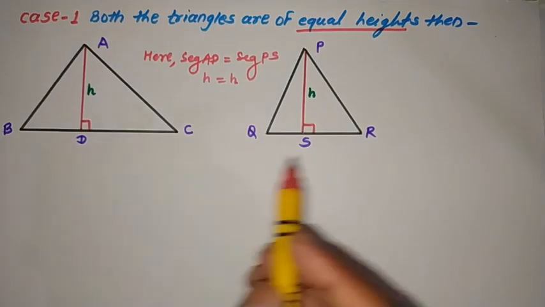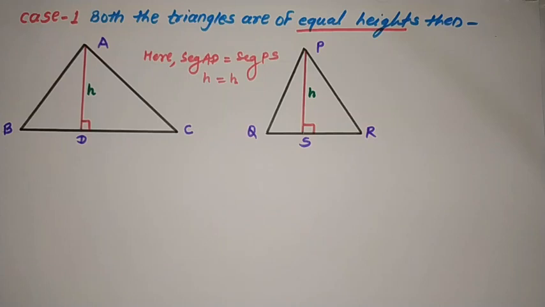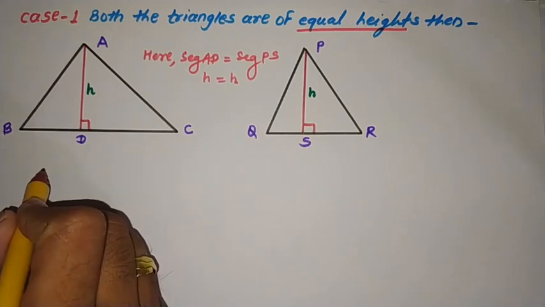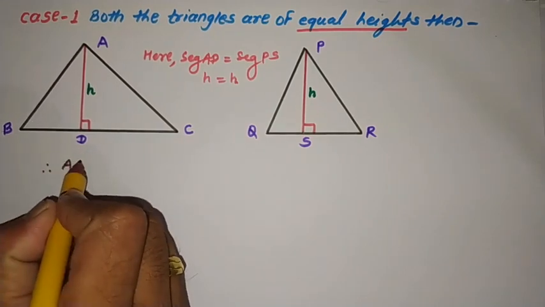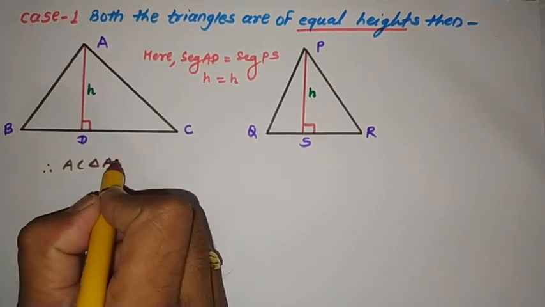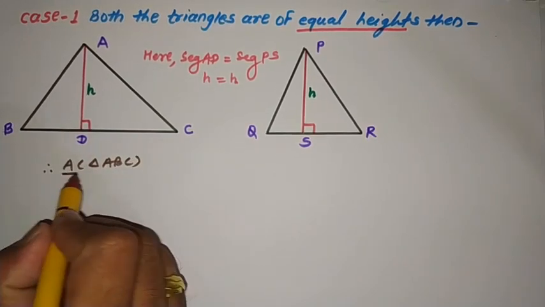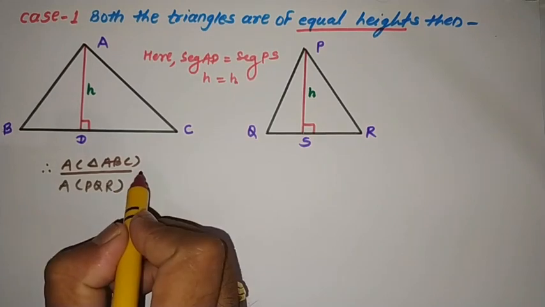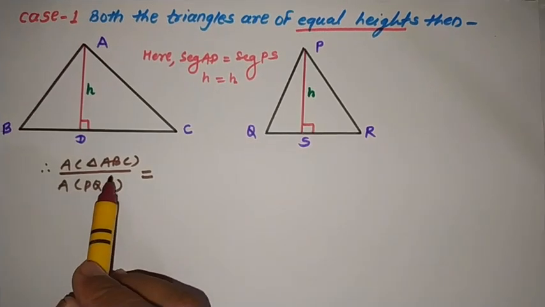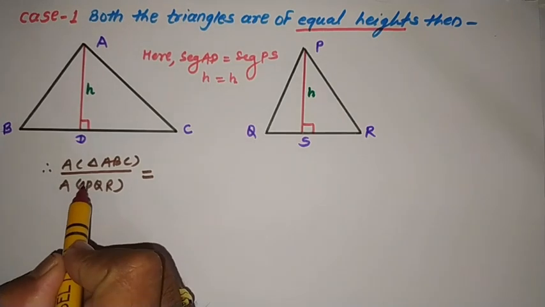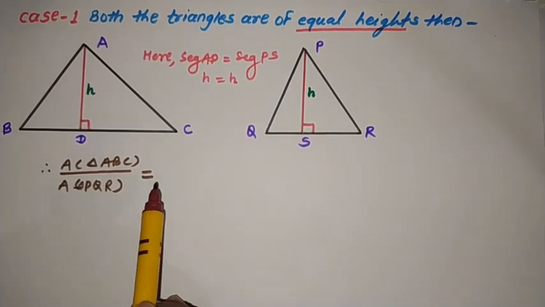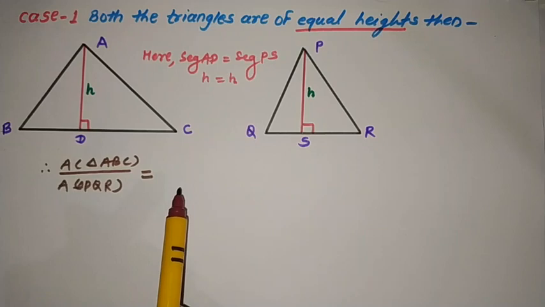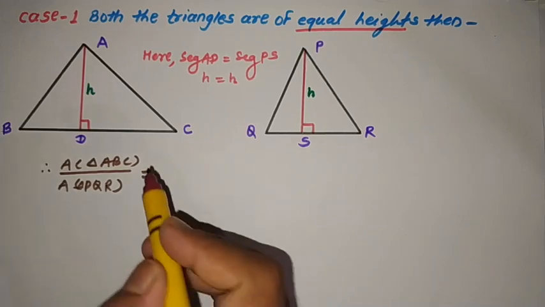Write down the ratio of area of two triangles: area of triangle ABC upon area of triangle PQR is equal to the ratio of the product of their base and corresponding heights.